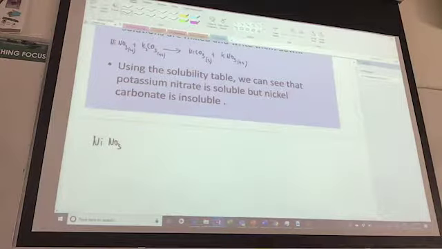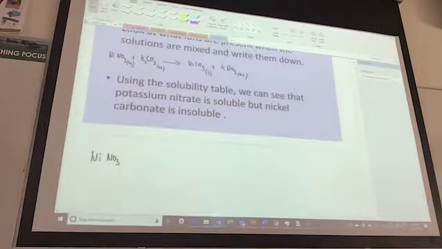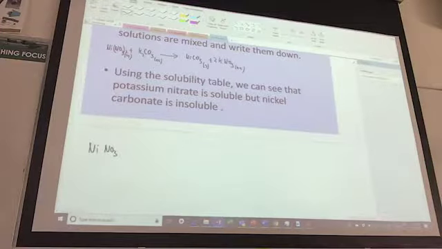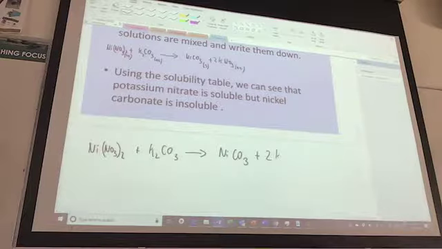So I think nickel is 2+, isn't it? So we should actually have 2 here. That's balanced. And we'll have 2 of those. So nickel nitrate plus potassium carbonate goes to nickel carbonate plus potassium nitrate.